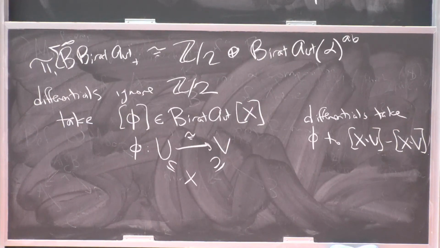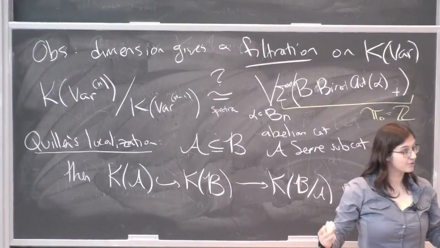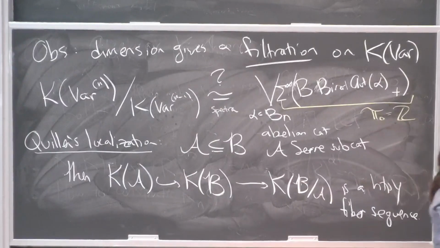You can have a birational automorphism of something much bigger, and it can induce this relation between the complements. This is exactly the relation that the differentials enforce, and these are the only relations that differentials enforce.